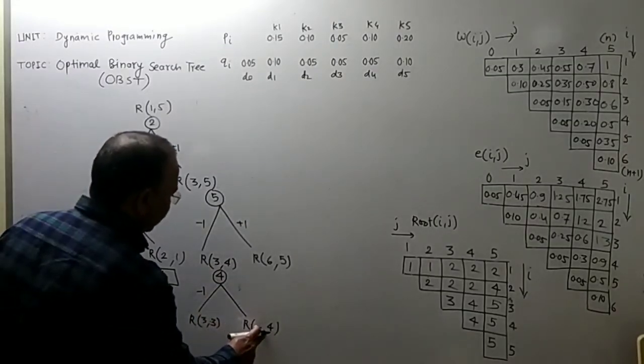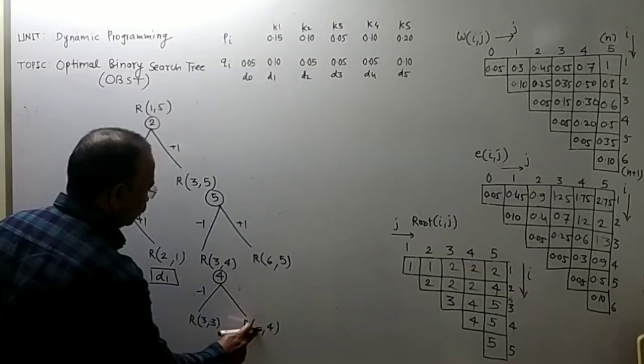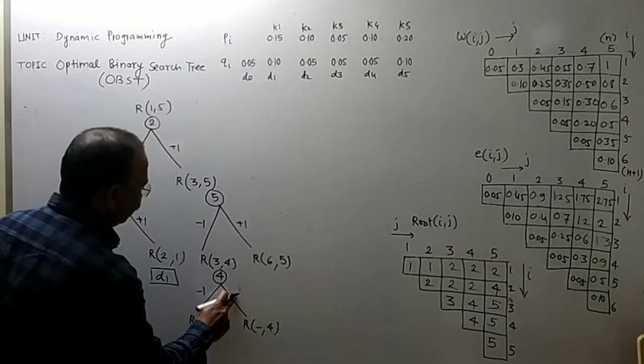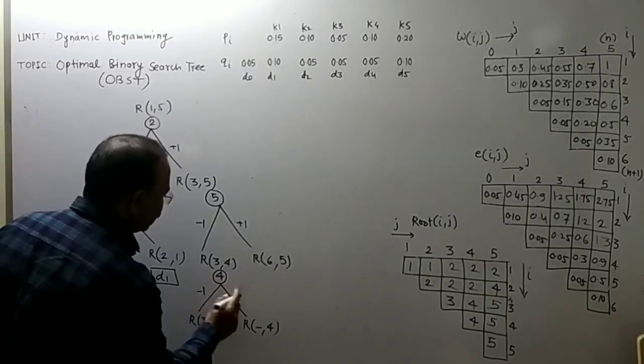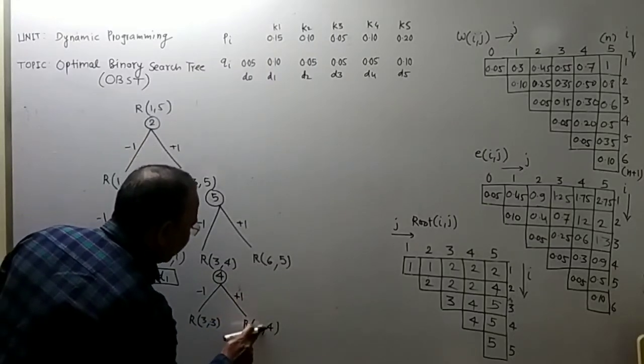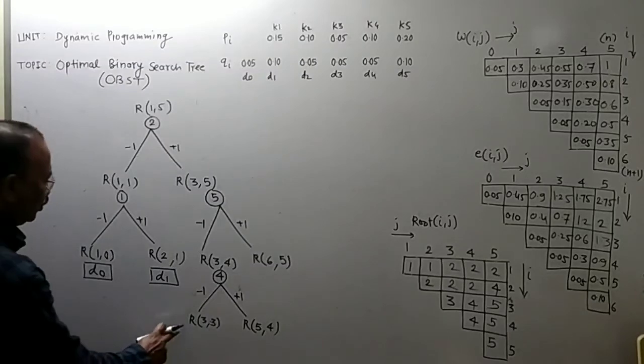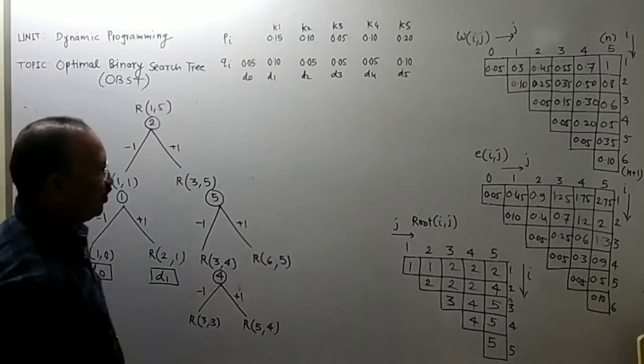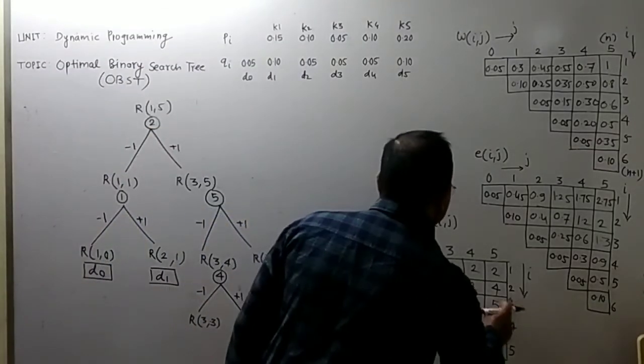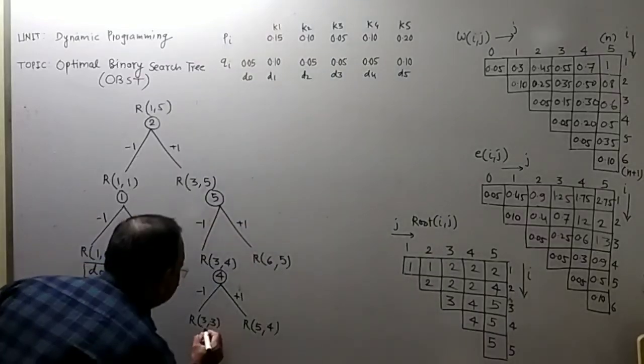Here we get the value by adding 1 to 4, that is 4 plus 1, which is 5. Then find which value is at the 3, 3 place. At the 3, 3 place the value is 3.